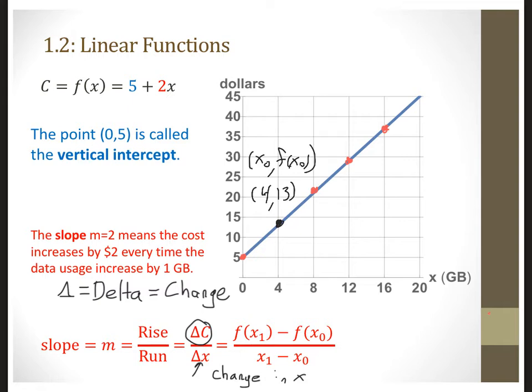And then we can pick any other second point. So let's say we pick the point over here, and this point had coordinates 12. If we use 12 gigabytes, then the cost is $29. And this second point, this is the one that has coordinates (x1, f(x1)) in general.